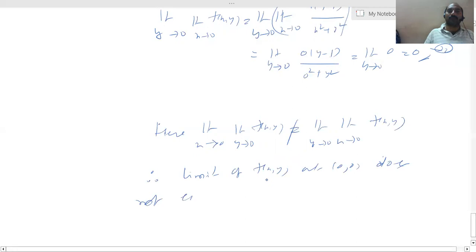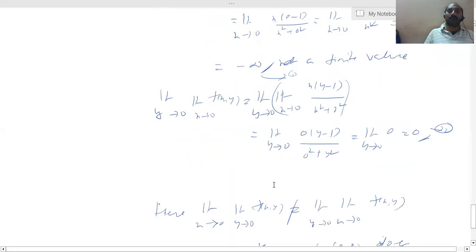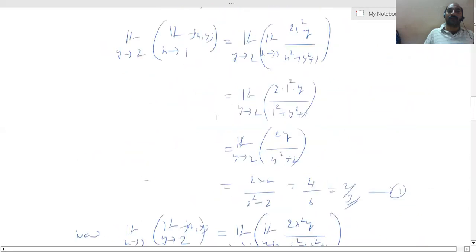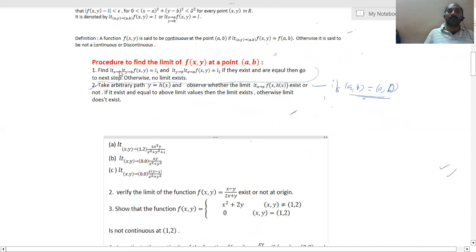This is the process to find the limit at origin. At origin only, you keep alert. You follow all the two steps. In case of other than origin, only the first step is enough.